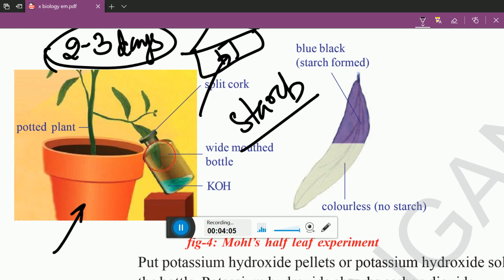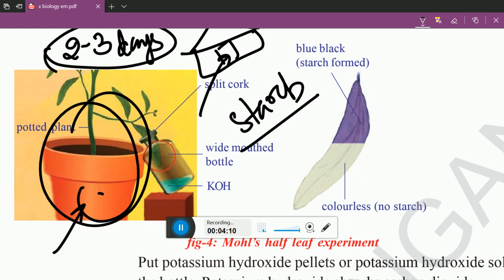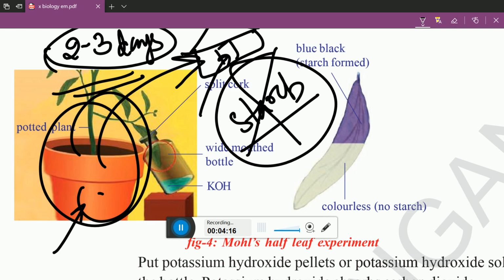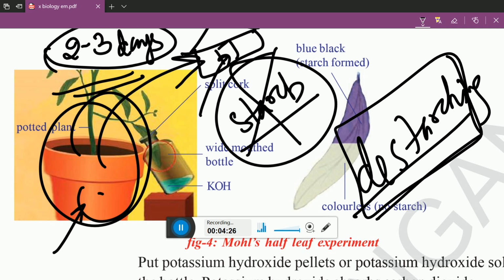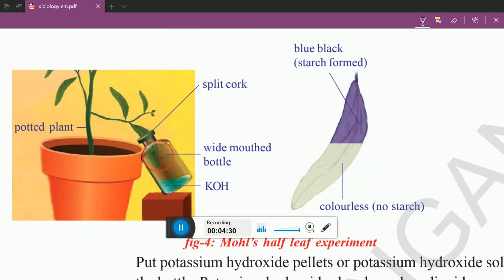So this is the technique. De-starching means a green plant is kept in a dark room for 2 to 3 days to remove starch, and that process is called de-starching. Remember, in every photosynthetic experiment we need to perform de-starching for every green plant. That is for sure. Now the experiment starts.